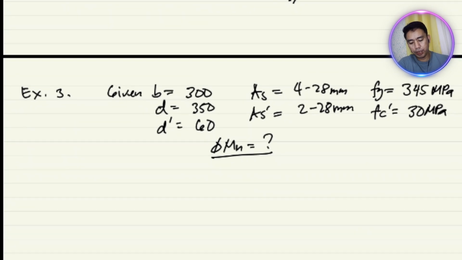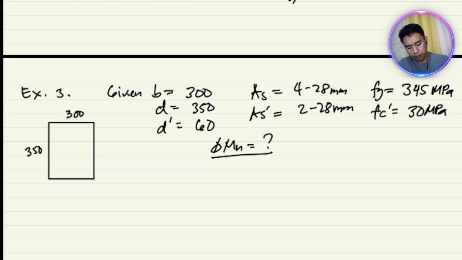Okay, in our next example, given B is 300 by 350. You see, tingnan nyo, in practical sense, itong 300 by 350, kung I will draw this one. Siguro mga ganyan. Okay? This is 300 by 350 yung D lang. Okay? So, napaka-awkward siya na section ng beam.